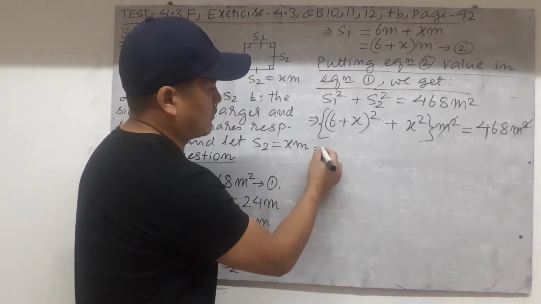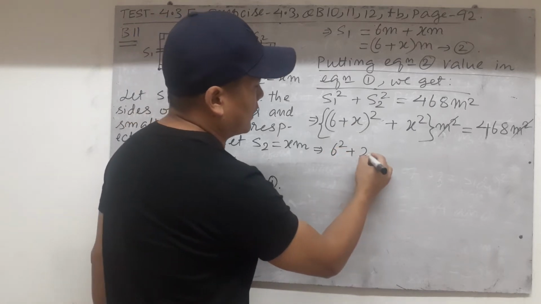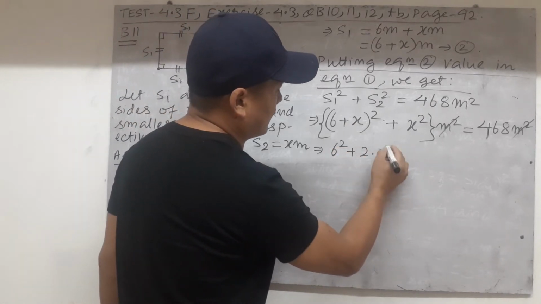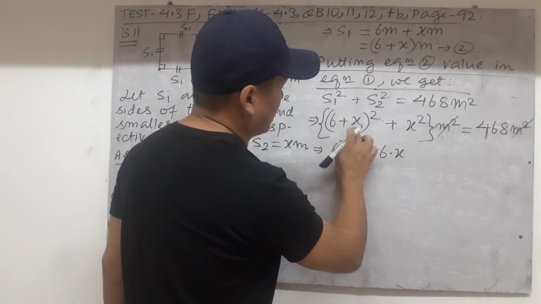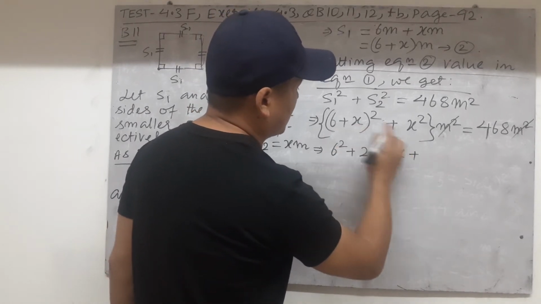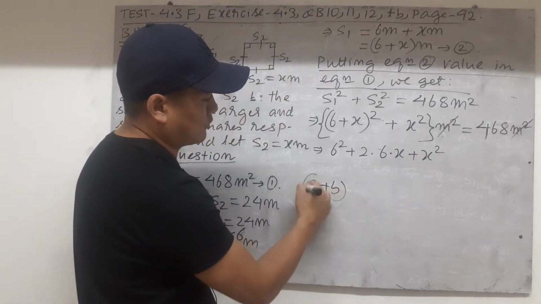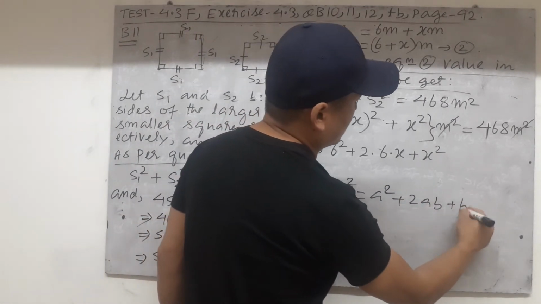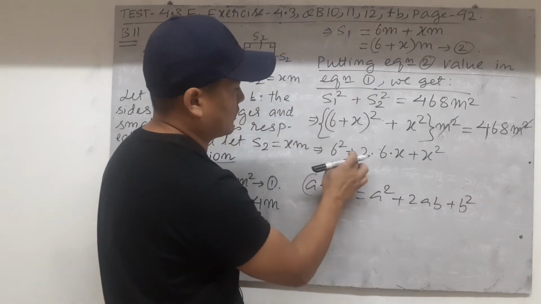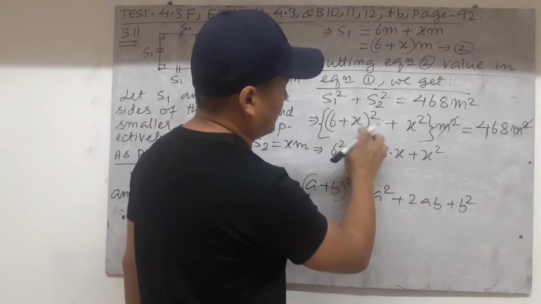Now we can apply this a plus b whole square formula. a square plus 2ab plus b square, where our a is 6. Applying this formula, a square plus 2 into a into b plus b square.